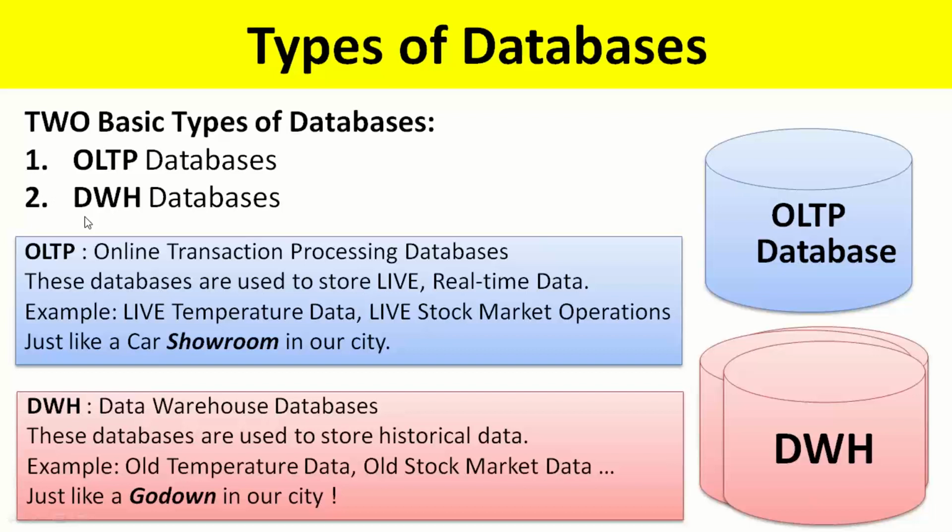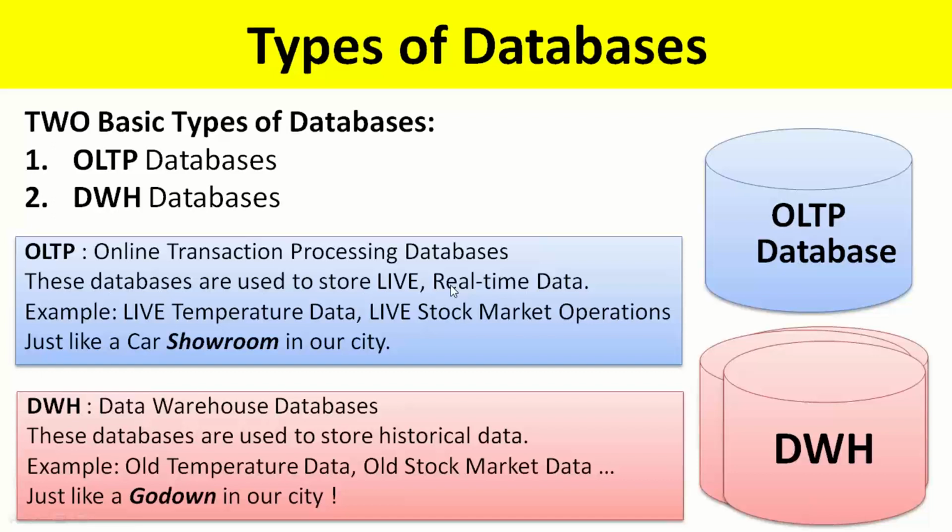OLTP, regular database means OLTP database we call it. What is that? OLTP databases are for online transaction processing, to store live real-time data, like a live cricket match, live online banking, live stock market operations, anything live.